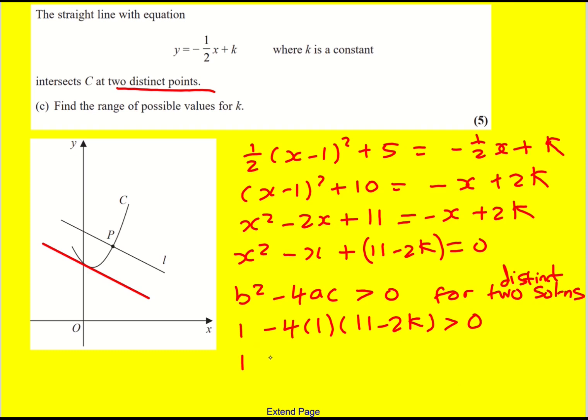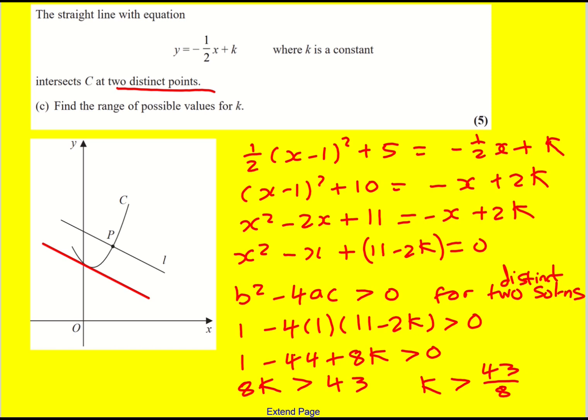I'll just expand it, I think. 1 minus 44 plus 8k greater than 0. 8k greater than 43. k is greater than 43 over 8.